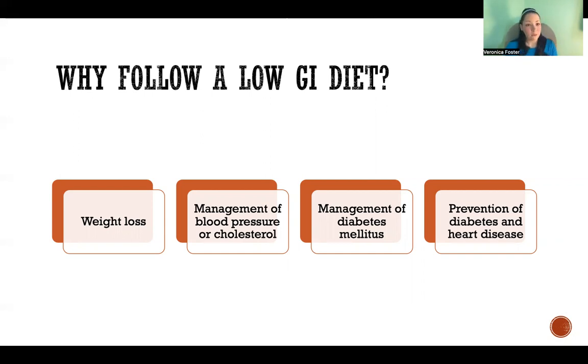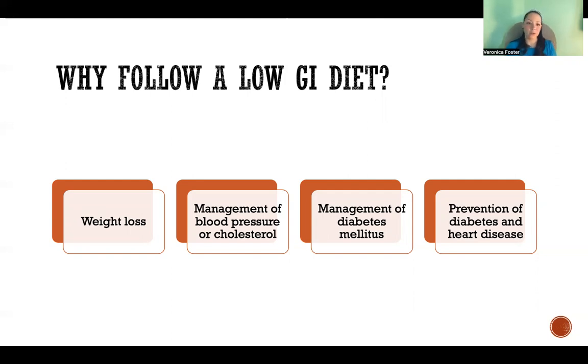When we eat foods that cause us to secrete insulin, that insulin's job is to tell our cells to take up sugar from the blood. And then when we have more sugar than we need, that insulin also tells us what to do with the excess. It tells us to store it as glycogen, so stored glucose, and it tells us to store it as fat.